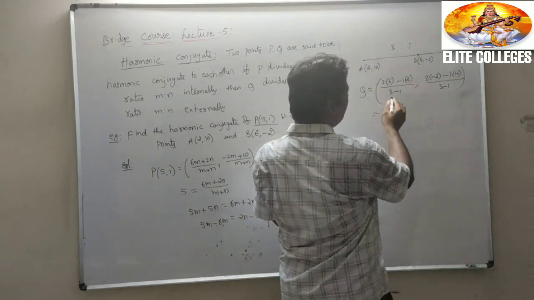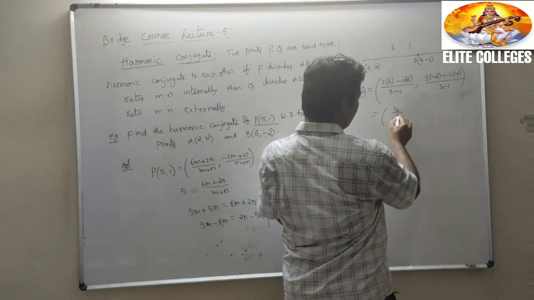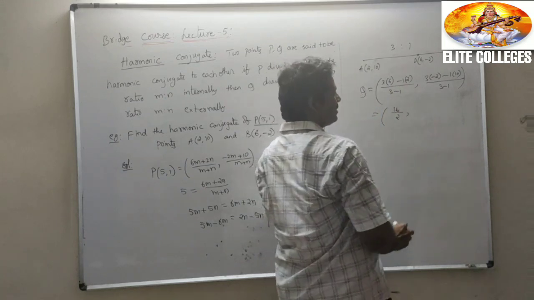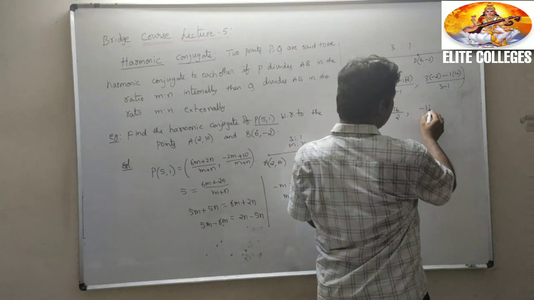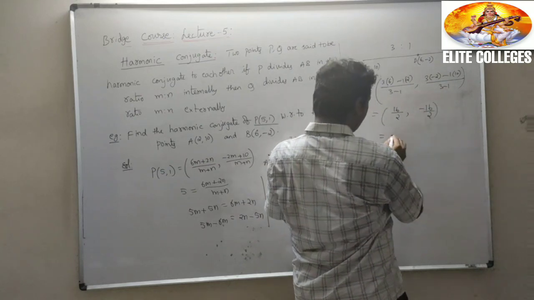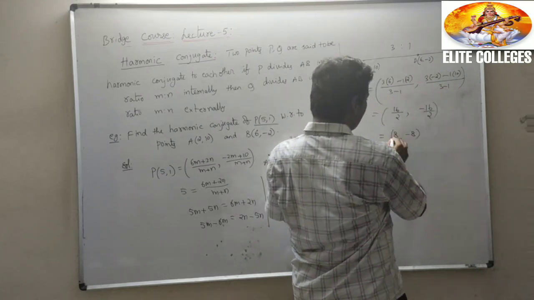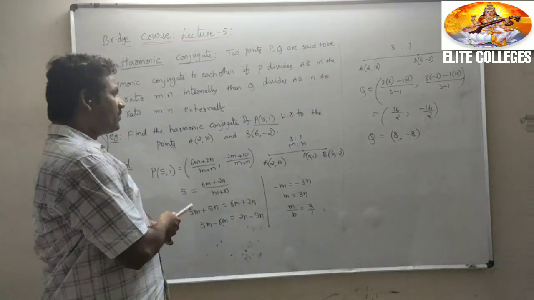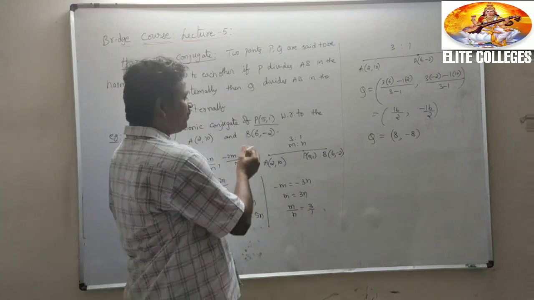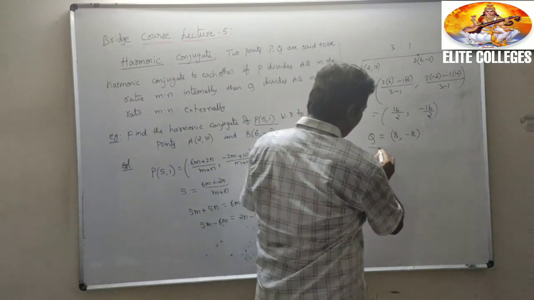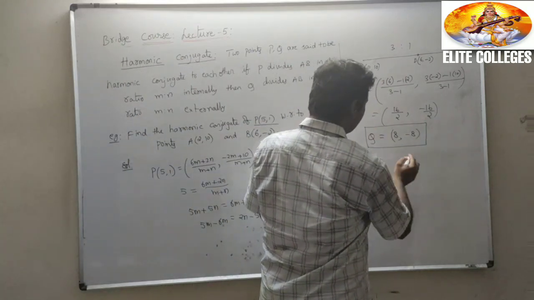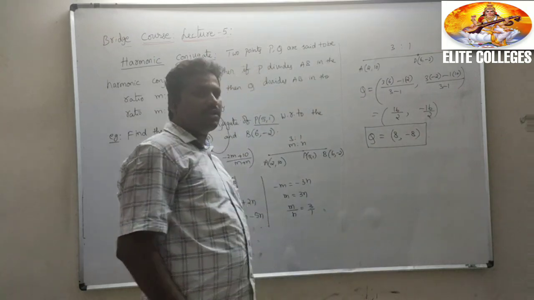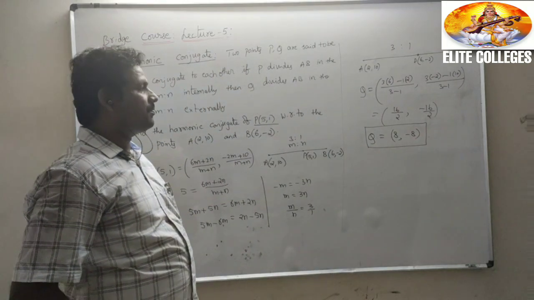What is that equal to? (18 minus 2) is 16 by 2, comma, (minus 6 minus 10) is minus 16 by 2. What is that equal to? 8, comma, minus 8. This is the point Q. So the two points, the given point P (5, 1) and this point Q (8, minus 8), are harmonic conjugate to each other.